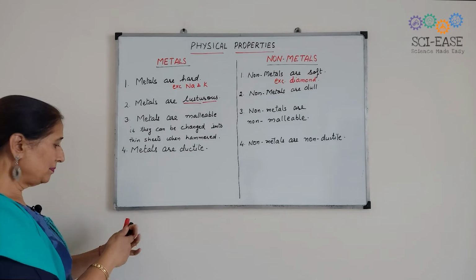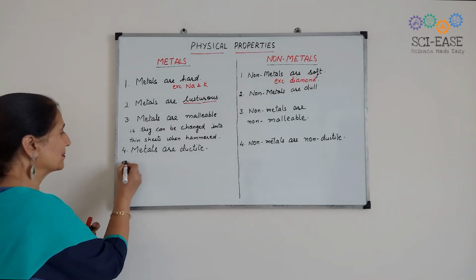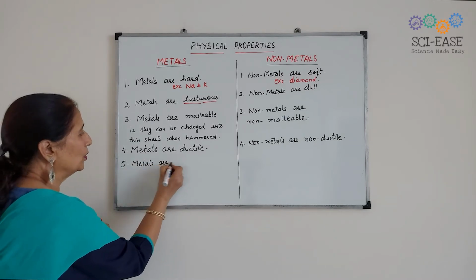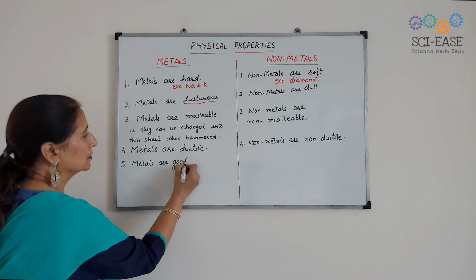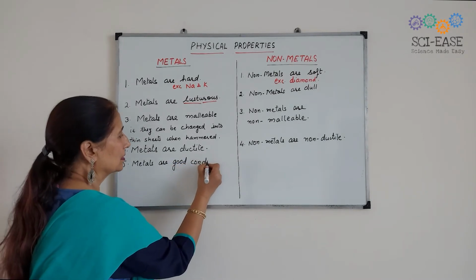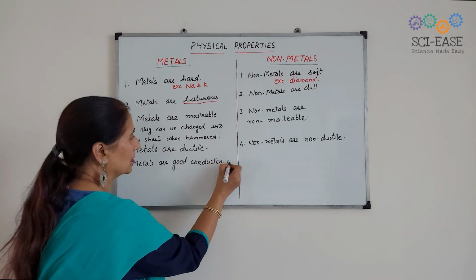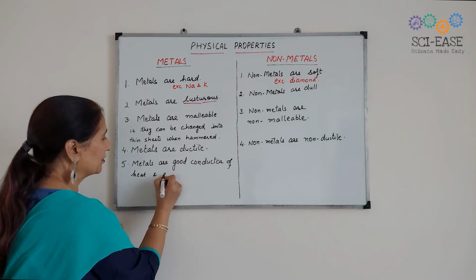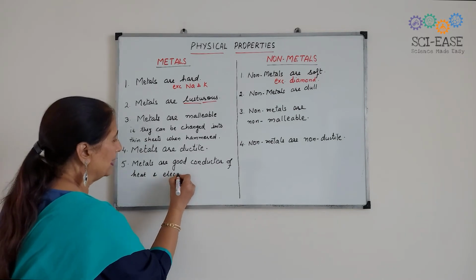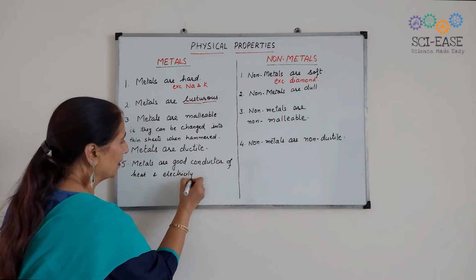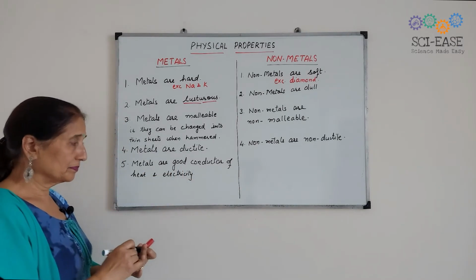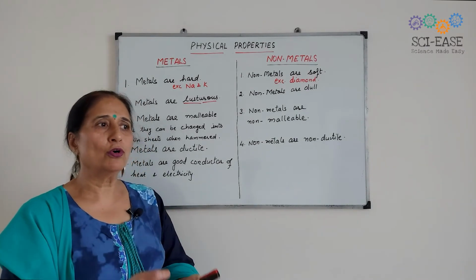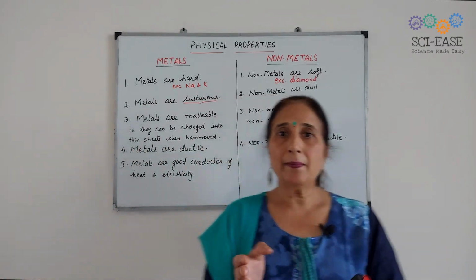So metals are good conductors of heat as well as good conductors of electricity. So here the fifth point is, metals are good conductors of heat and electricity. But on the other hand, you can take plastic, wood, rubber, okay?